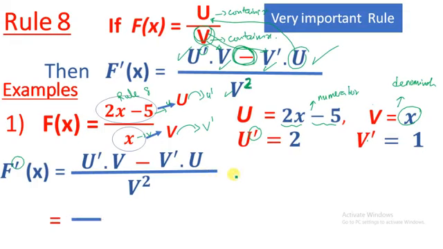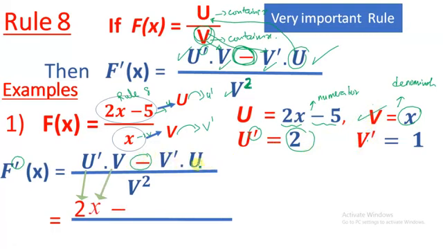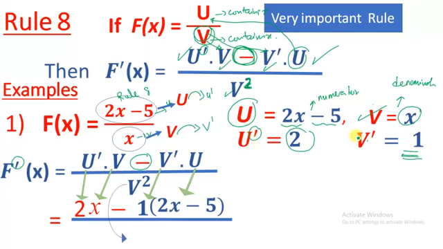U prime is 2, multiplied by v, which is x, minus v prime, which is 1, multiplied by u, which is 2x minus 5, over v squared. V is x, so x squared.